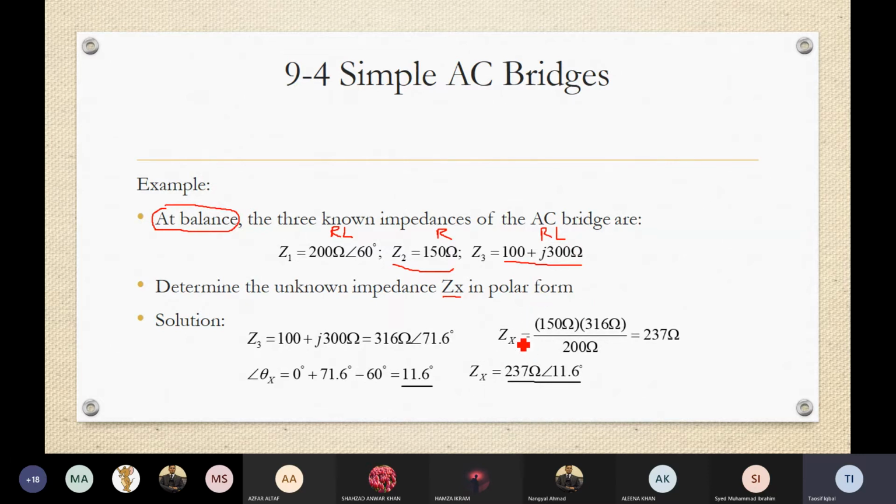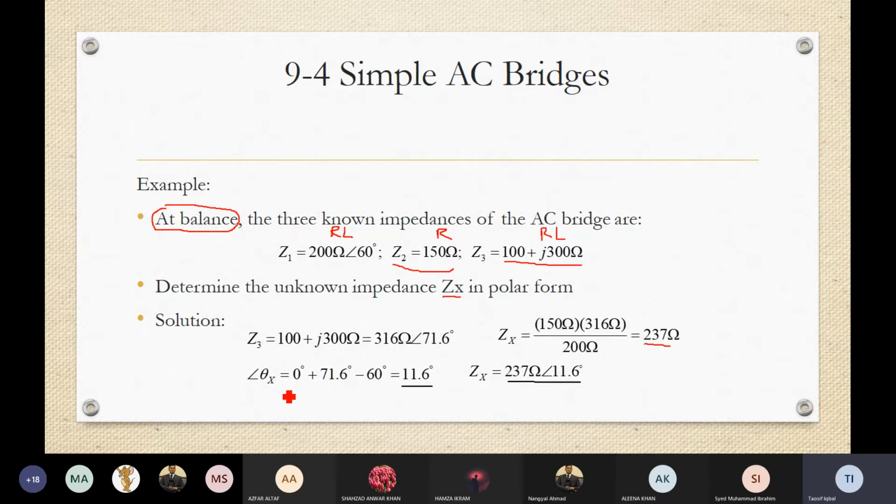So now we can find out the value of Zx by first comparing the ratios. So we have Z2 multiplied by Z3 divided by Z1. The magnitude of Zx must be 237, whereas the sum of phase angles of Z1 and Zx must be equal to the sum of phase angles of Z2 and Z3.